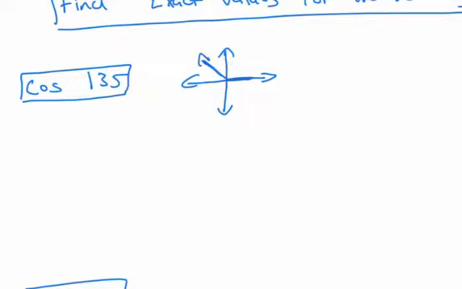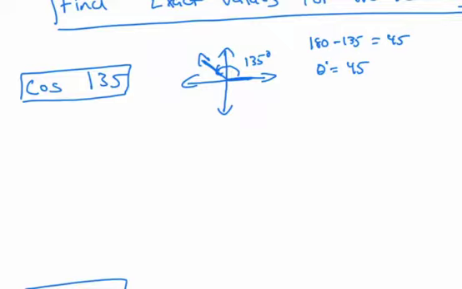So this makes 135 degrees like this. We learned that the reference angle is from here to here. So from 135 to 180, I can just think 180 subtract 135. That's 45, so my reference angle is 45 degrees.